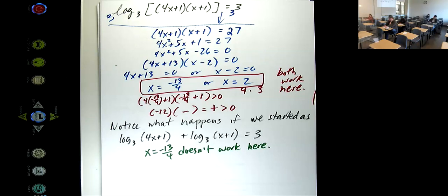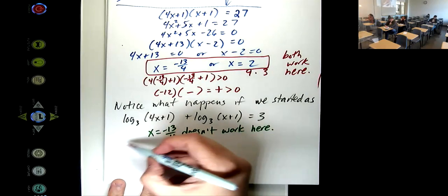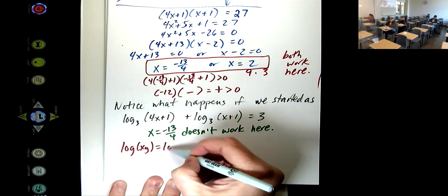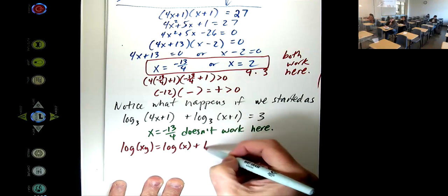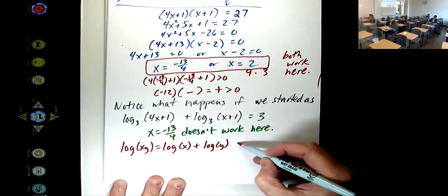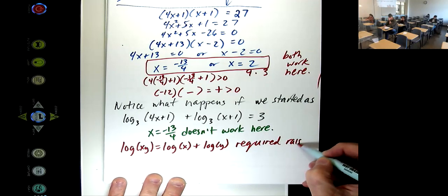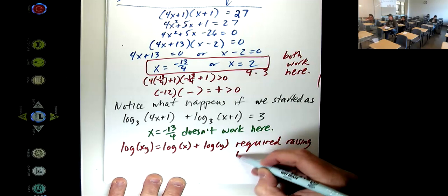The reason why they're the same thing, the reason why it doesn't work here, doing log xy equals log x plus log y required raising both sides as exponents.